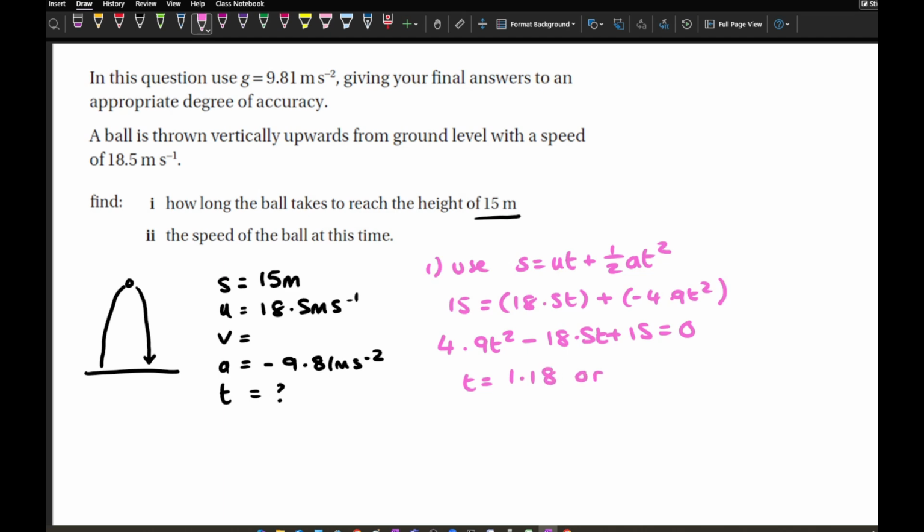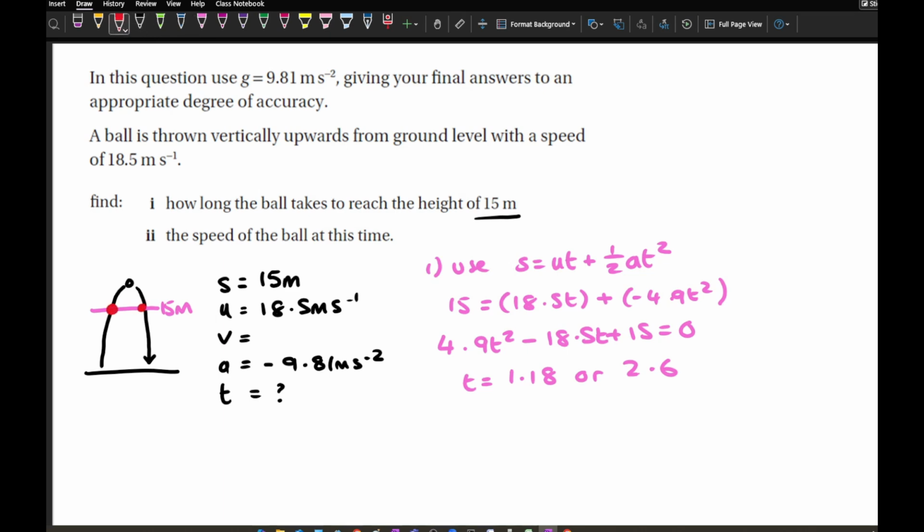1.18 or 2.6. Now each of those seem valid. The difference is the fact that with this particular question, we don't know the actual height the ball is thrown from. All we know is that it hits 15 meters. As you can see from the diagram, it actually hits that height at 2 particular points.